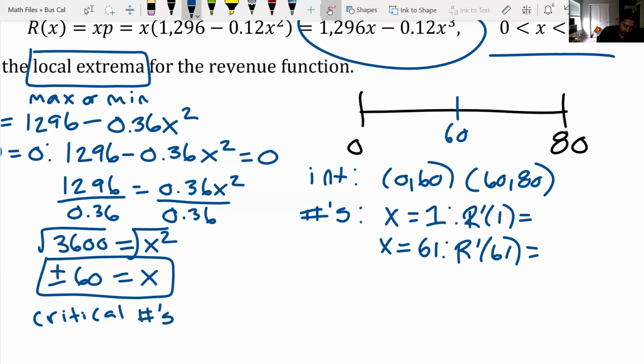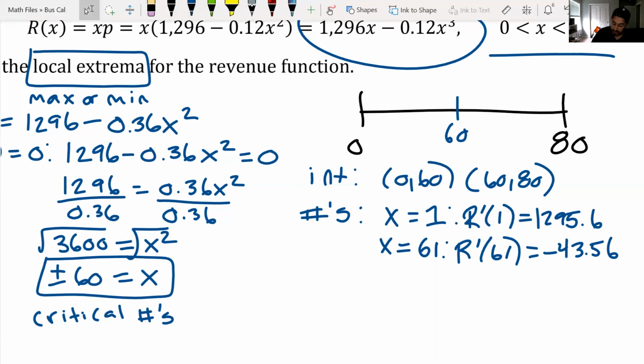Let me type that in, 1296 minus 0.36x squared. If I type in 1, I get 1295.6. If I type in 61, I get negative 43.56.